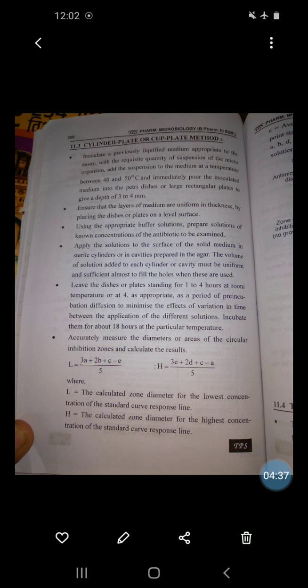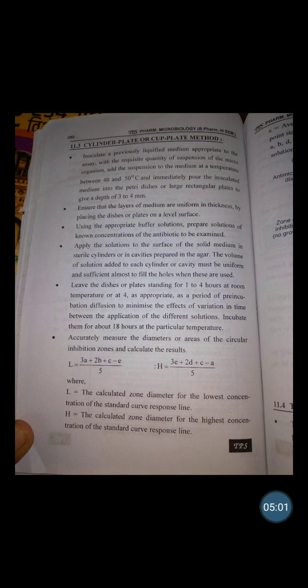Then apply the solution to the surface of solid medium, in a sterile cylinder or a cavity prepared in the agar. The volume of the solution added to each cylinder or each cavity should be uniform and sufficient almost to fill the holes when these are used.